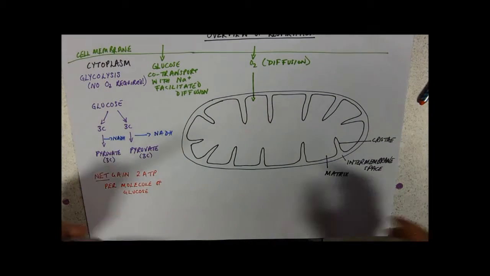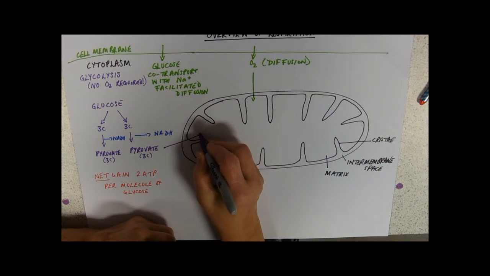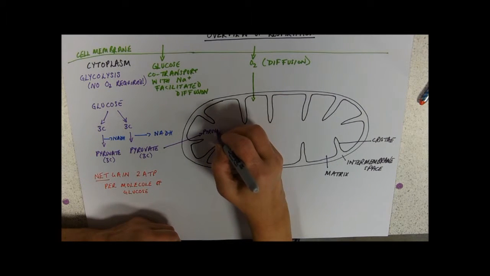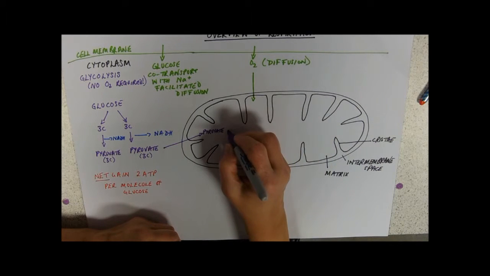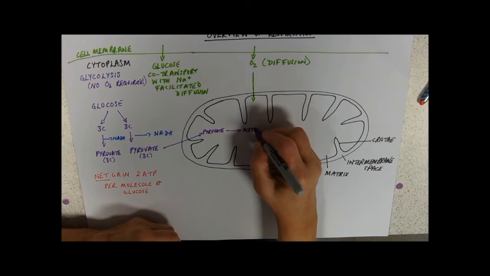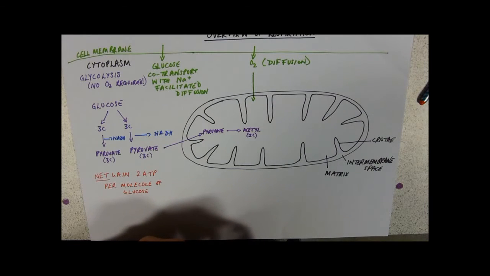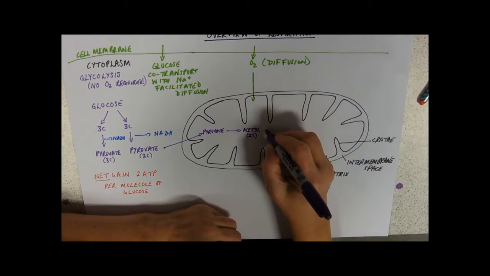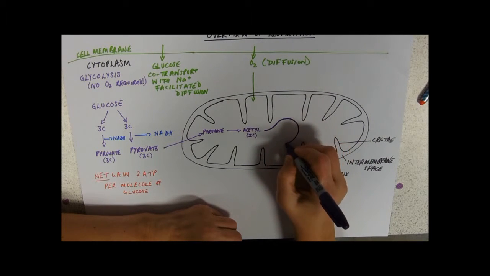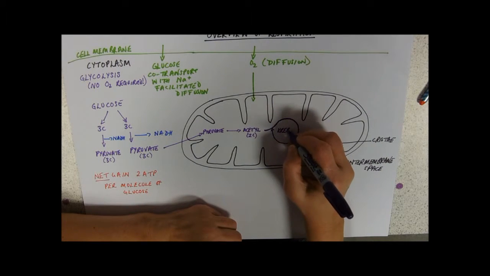So, our pyruvate then diffuses through to the matrix if oxygen is present, where it gets converted into a 2-carbon molecule. I like to call it acetyl, but you can call it acetate, it doesn't really matter. And acetyl is then helped into Krebs cycle, and again there'll be a more detailed video.